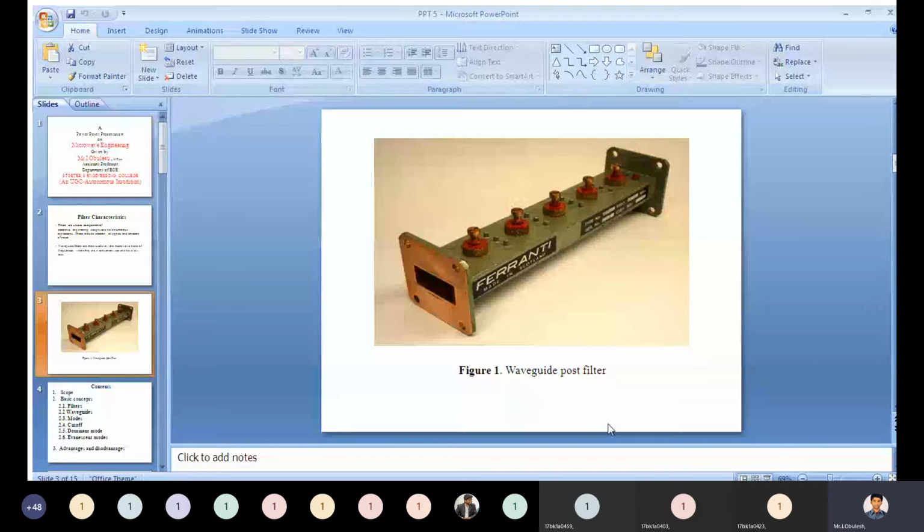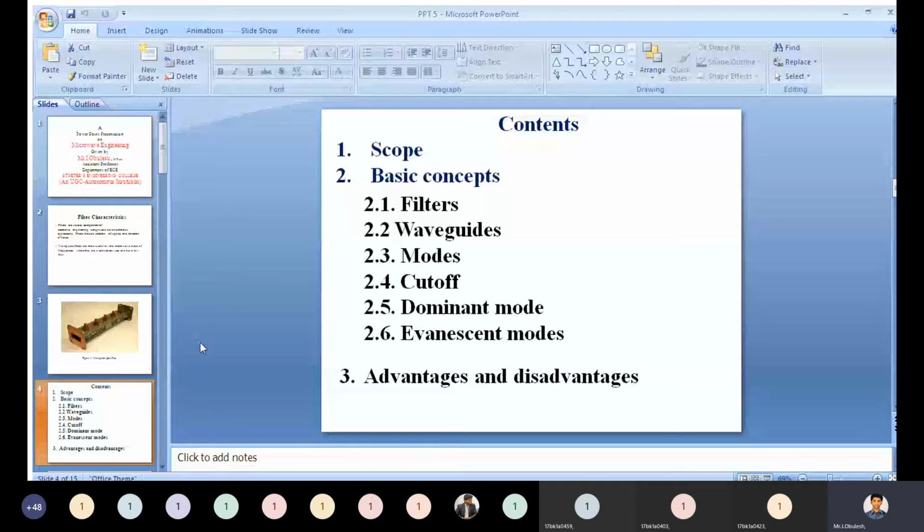Next, from today's contents, you need to remember the first one: what is the scope of waveguide filters? What are the basic concepts we have from waveguide filters?